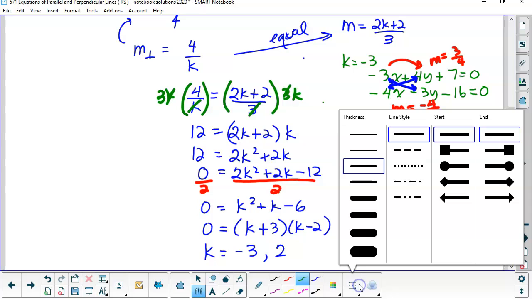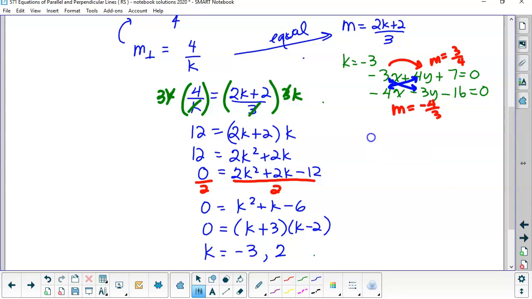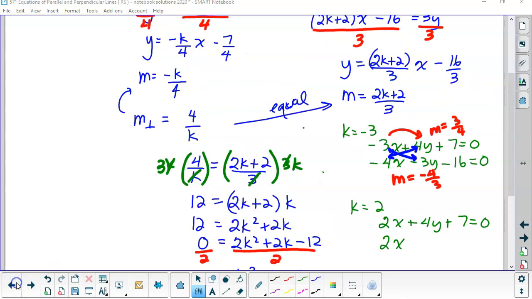I'll do that in green again. So k value of 2 would be 2x plus 4y plus 7 equals 0. And then it's 2k minus 2. So 4 minus 2 is 2x. Oh no, so what was it again? Okay, sorry, messed that up.